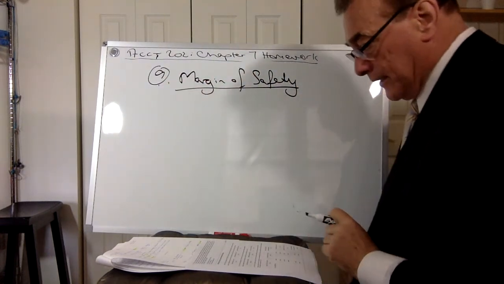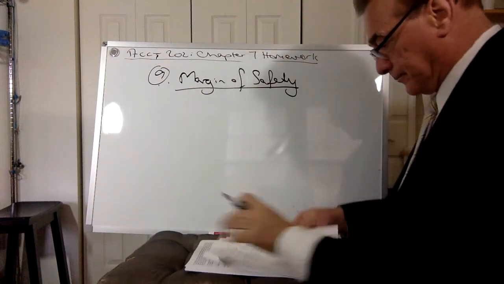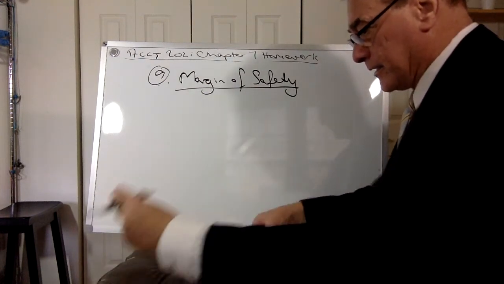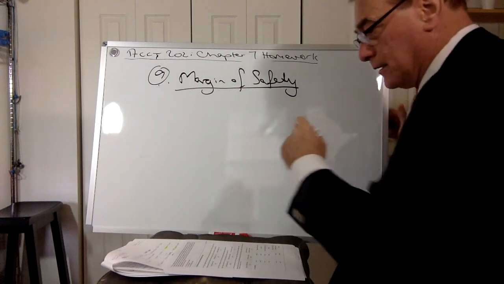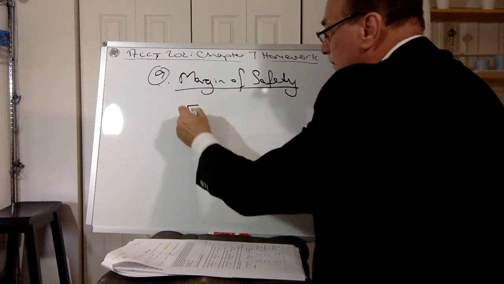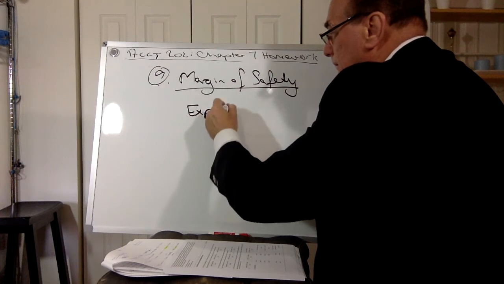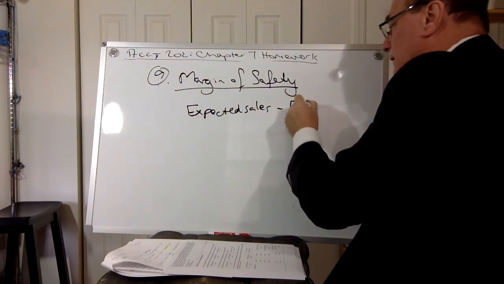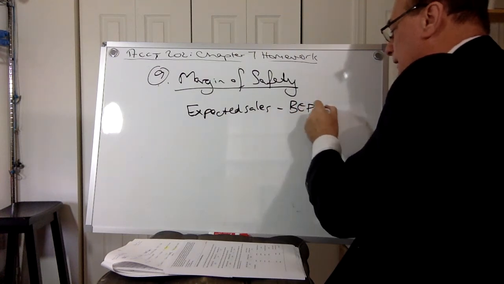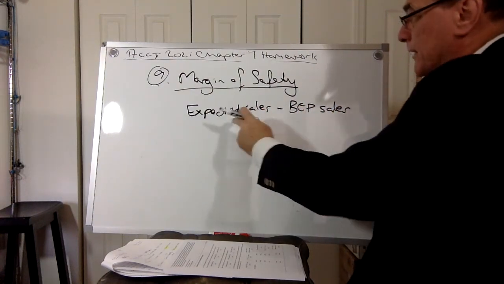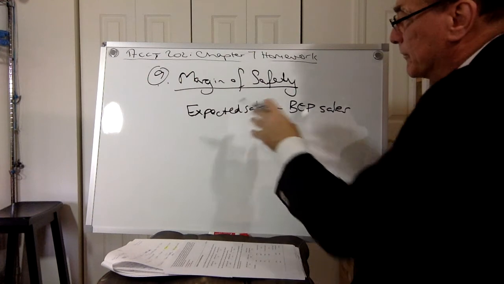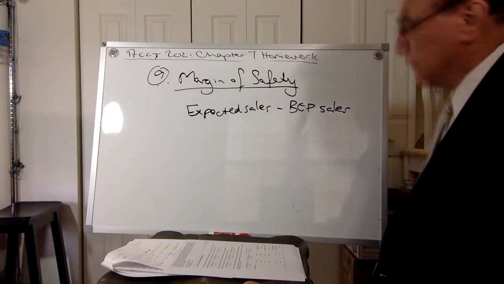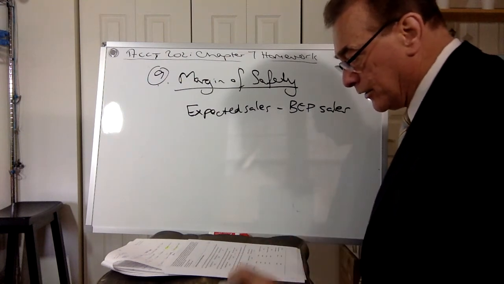The formula for margin of safety is expected sales minus break-even point sales. Okay, because if you expect, like from your budget, how many sales you'll have, minus the break-even sales, that'll tell you your margin of safety in units.